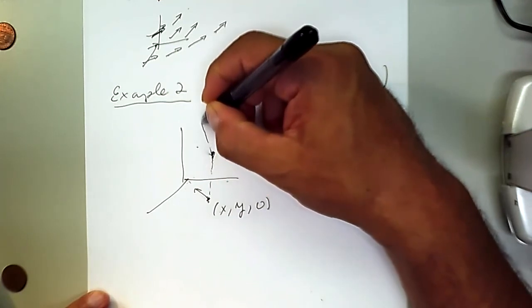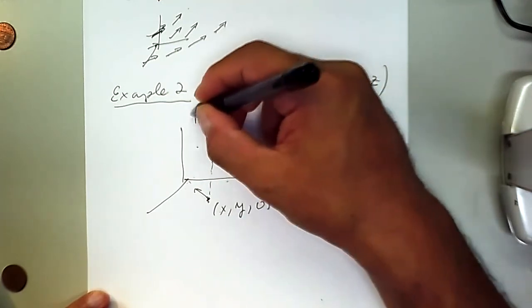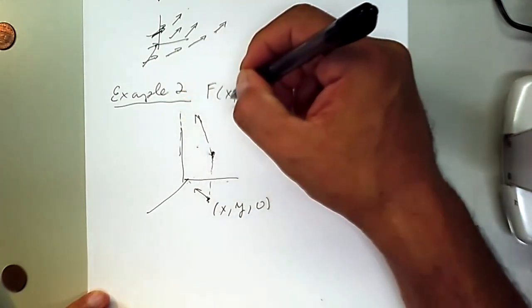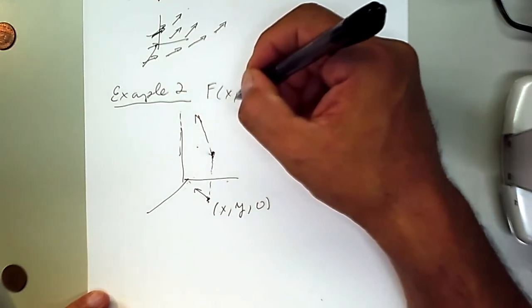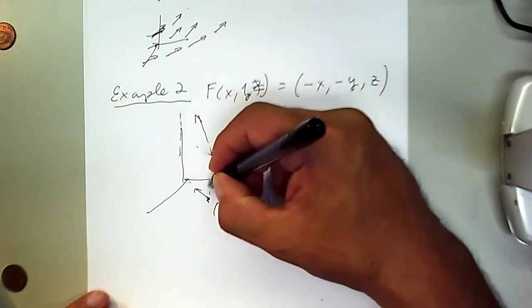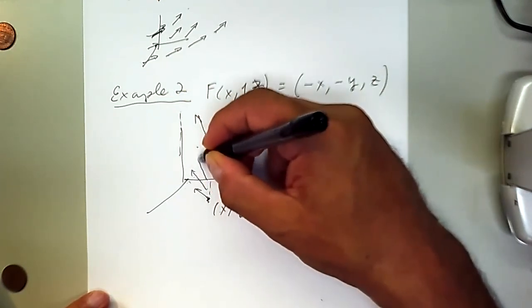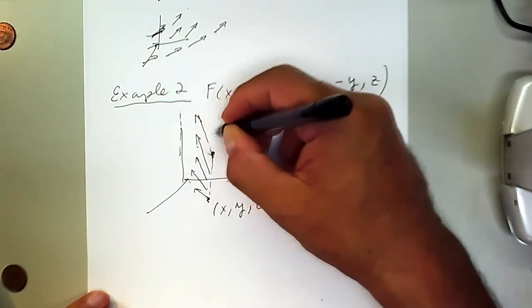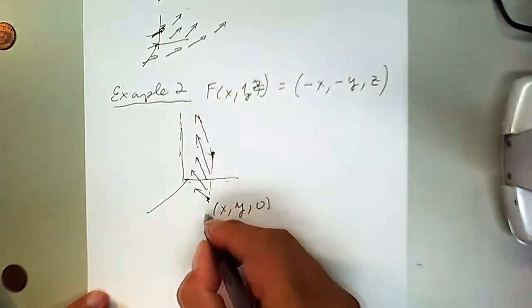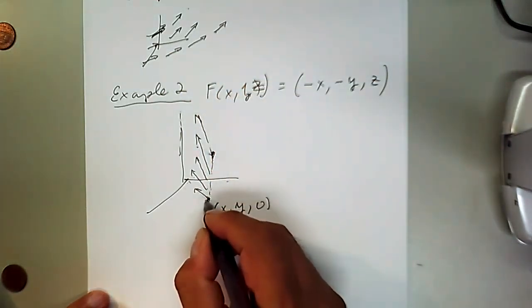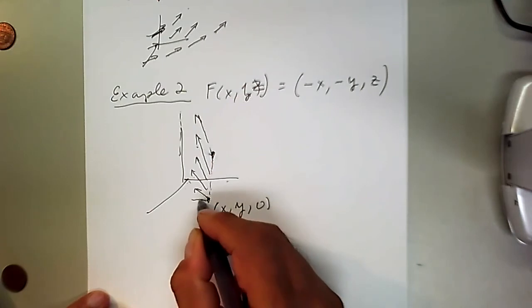So we're going to have a long vector going up towards the z-axis. And then the vectors in between are just going to be going up higher as you go up.